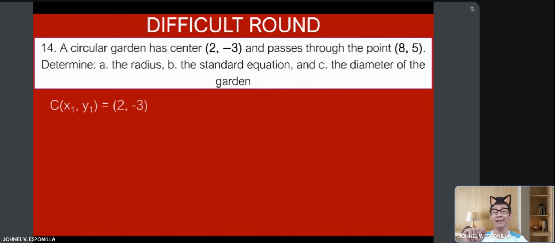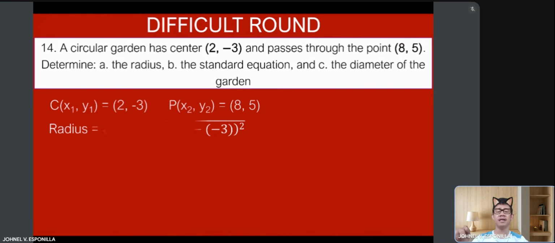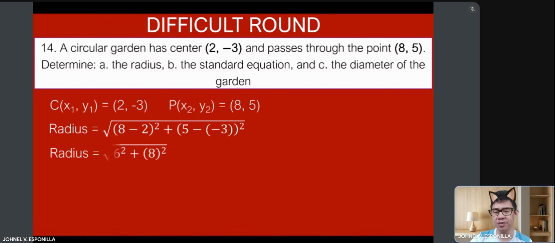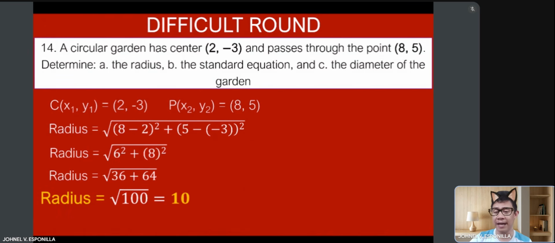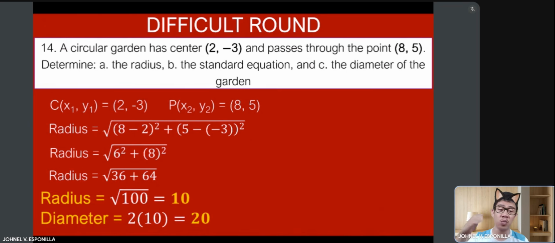Here are the given, point 1 and point 2. To get the radius, we apply the distance formula. Then substitution, subtract, square, plus, to get 10. This is now the radius. Since the diameter was asked, the diameter is equal to 20, double the radius.